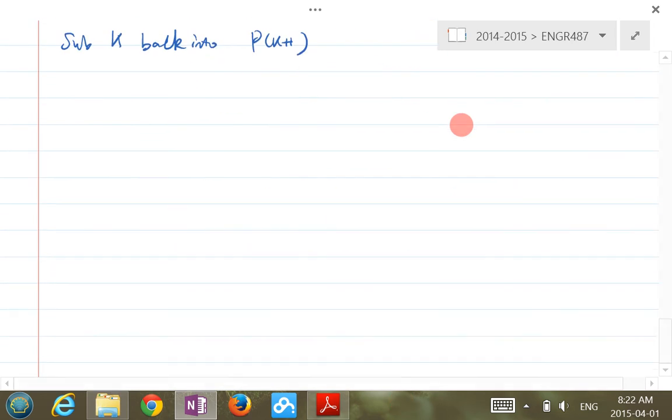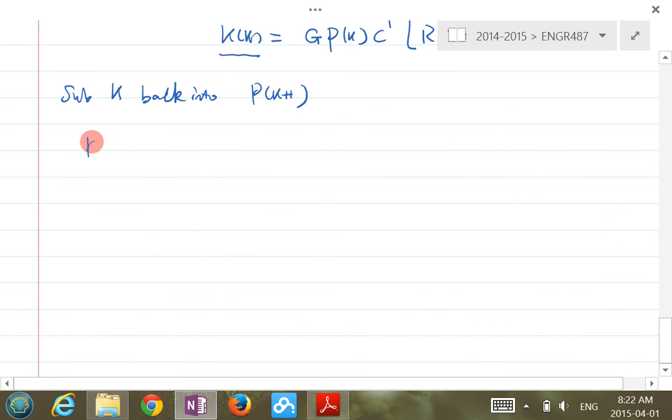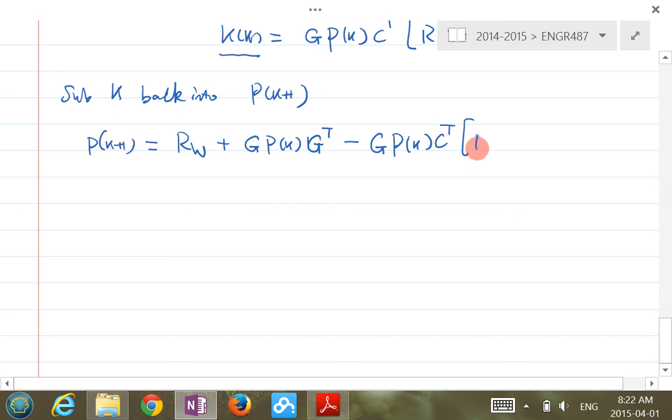With some rearrangement, you get P of k plus 1 equal to R W plus G P of k G transpose, minus G P of k C transpose, R V plus C P k C transpose inverse, then C P k G transpose.